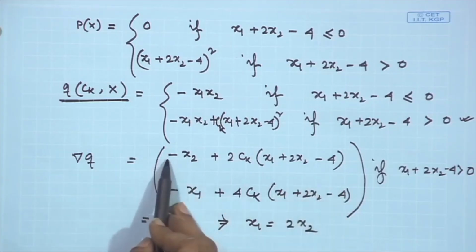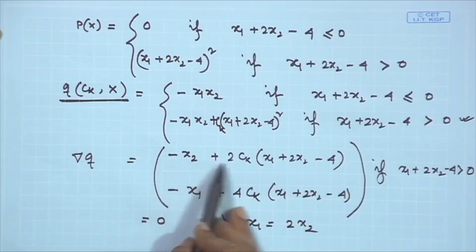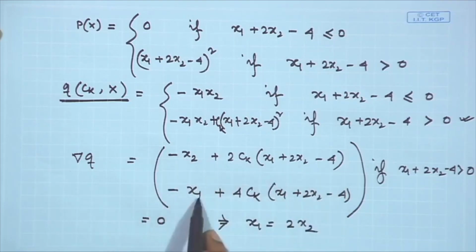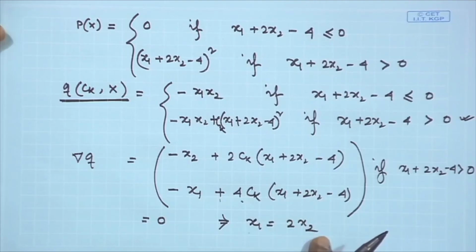If we multiply this one with 2, then it will be minus 2 x2 plus 4 Ck, and this is minus x1 plus 4 Ck. If we equate, both will cancel and we will get x1 equal to 2 x2.